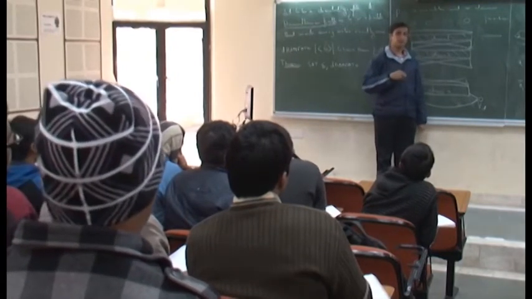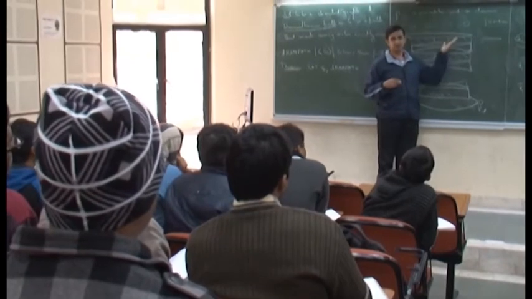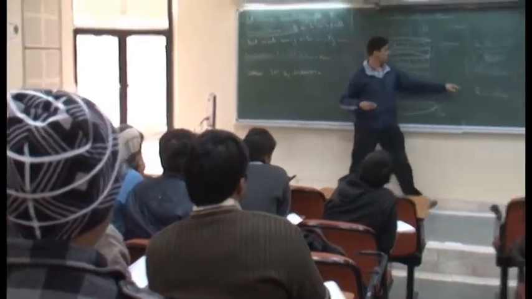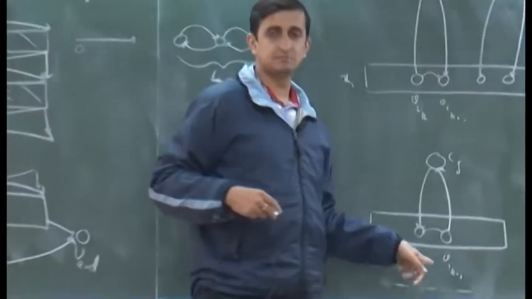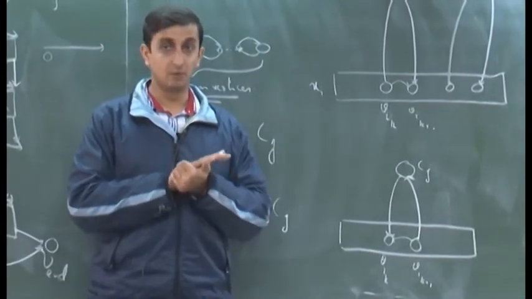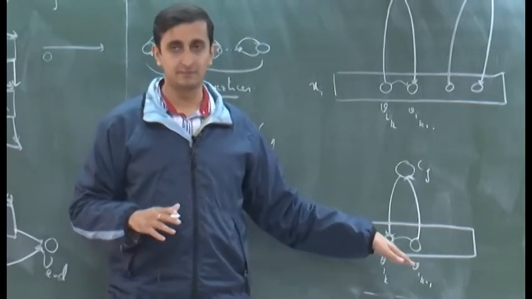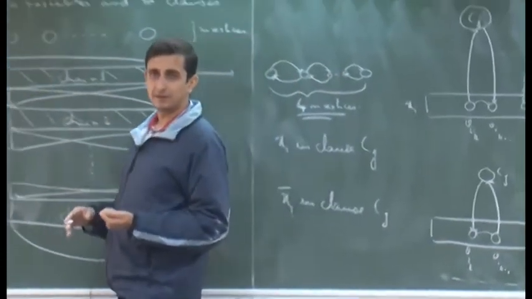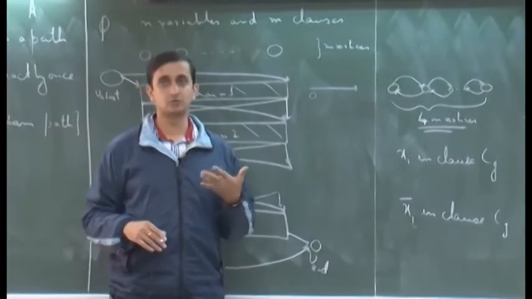So, it is not necessary that we use all the jump edges. There can be many variables present in a clause, but we only use the jump edge for the one particular variable which is responsible for setting that clause true.